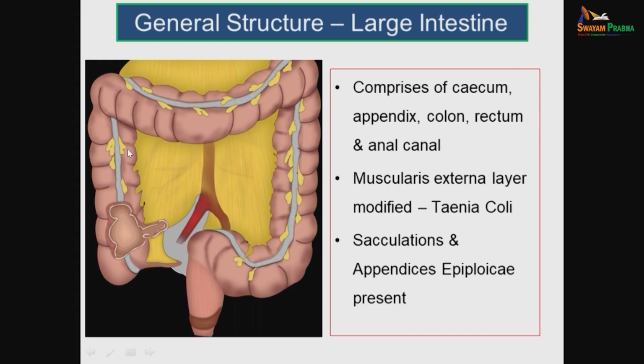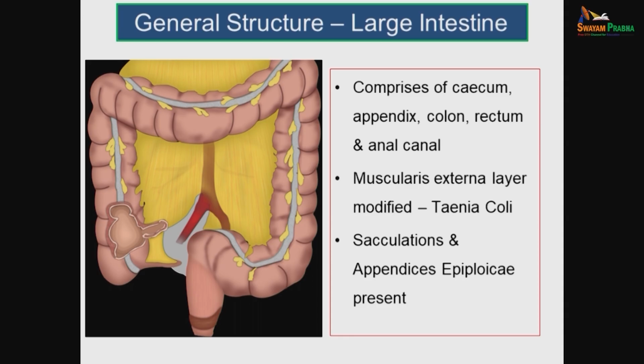Posteriorly, they rest on the posterior abdominal wall. They don't have a peritoneal covering. So if you take a section in the ascending colon or descending colon, we may not see the outermost serosa in the posterior aspect. We will see an adventitia, which is the connective tissue.